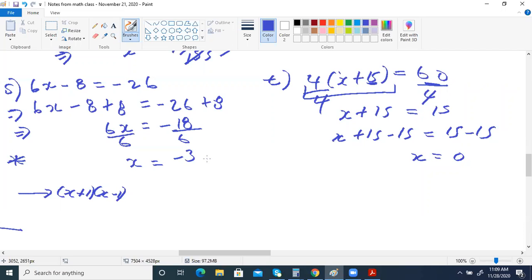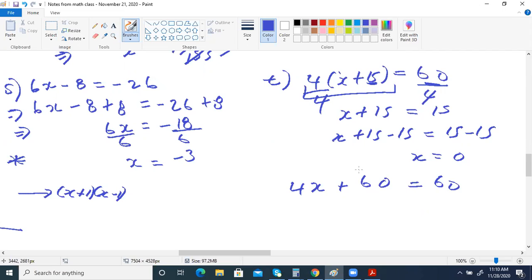Let us work it the other way, just to make sure that we're on the same page, right? Because you may not divide by 4 straight out. Let us multiply it out. This will be 4x plus 60 equals 60, right?